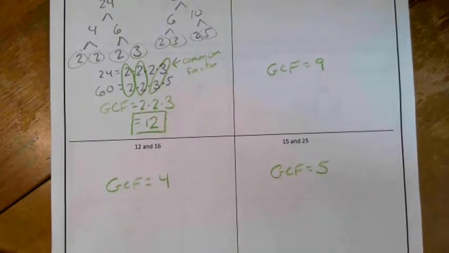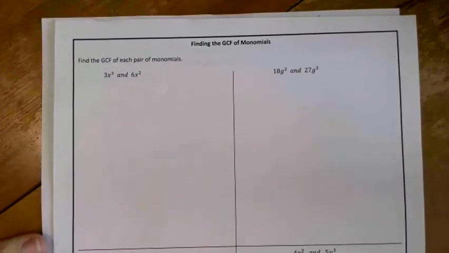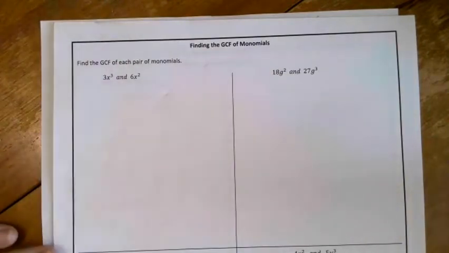All right, let's take a look at our last page. So for our next one, we're finding the greatest common factor of monomials. This is where we start having some variables added in. So when we take a look at our first example here, we have 3x cubed and 6x squared.